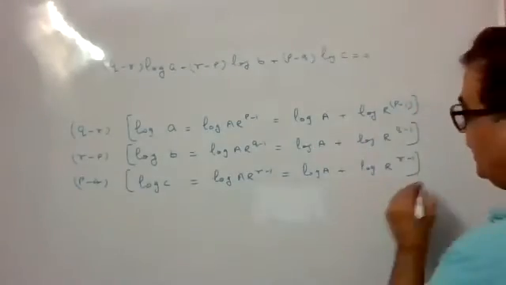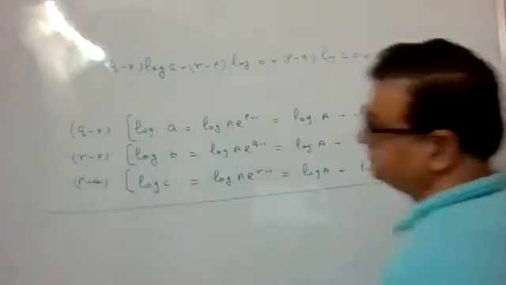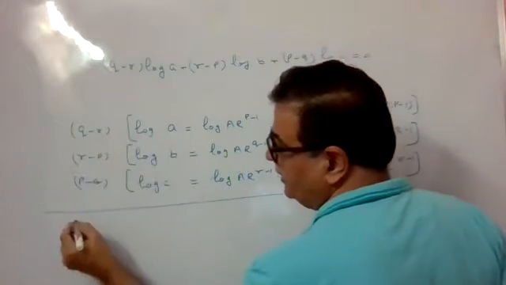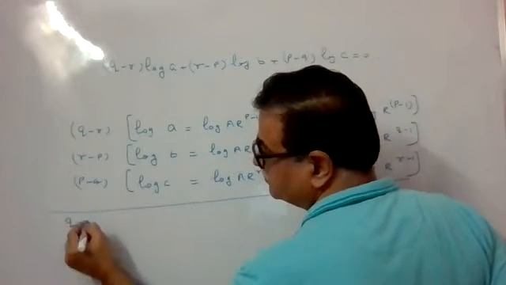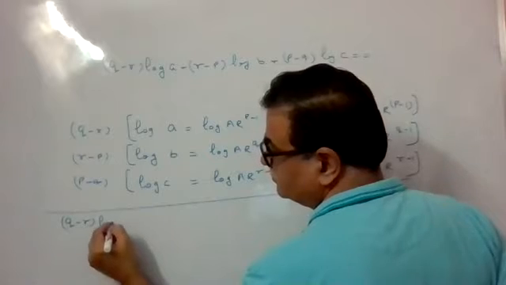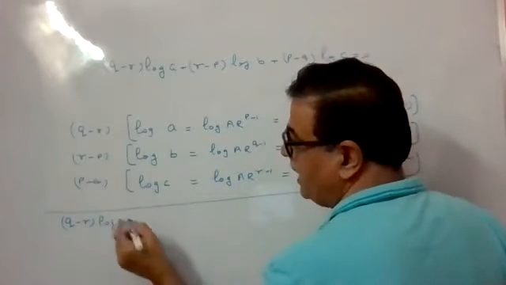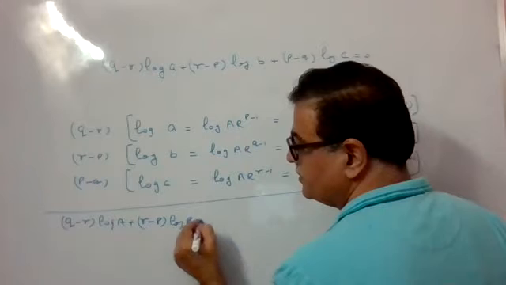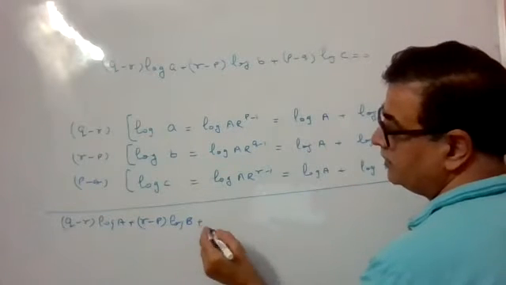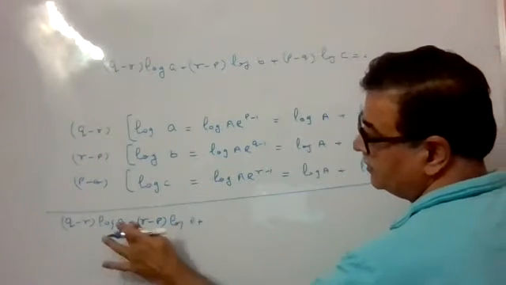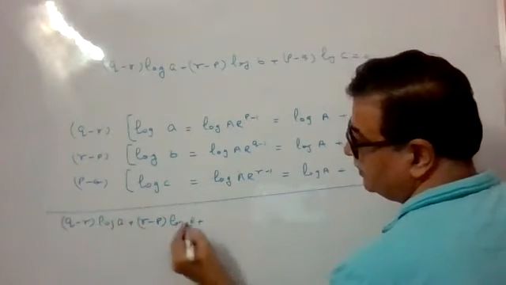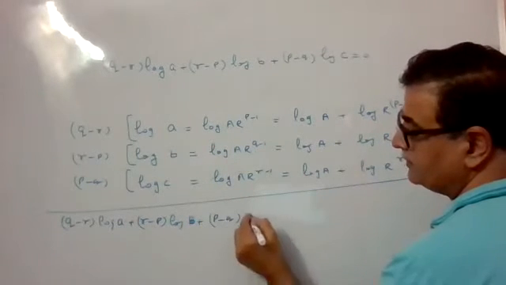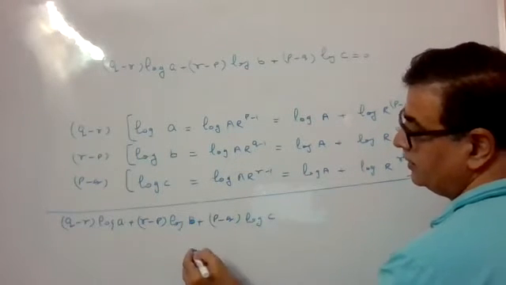Right? Now if I add all three, when you add, then this will be Q minus R into log A plus R minus P into log B plus P minus Q log C equal to.